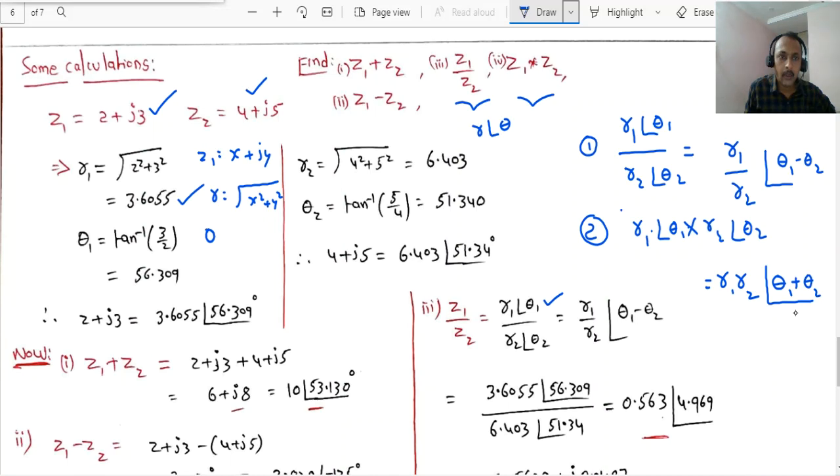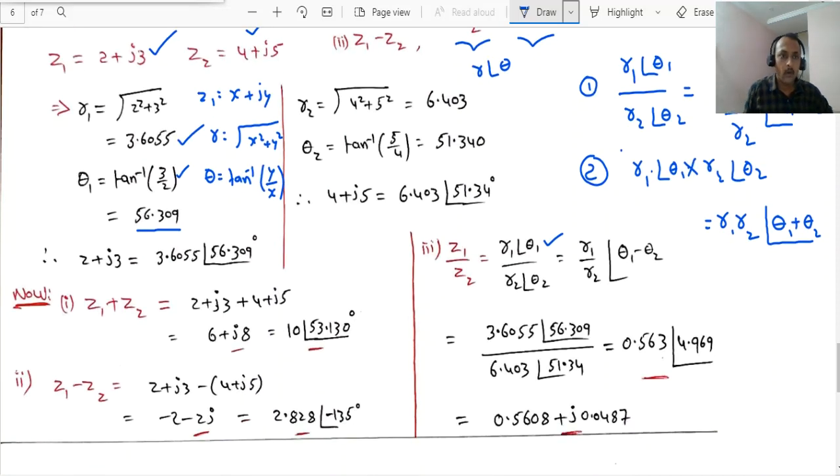Now angle theta is tan inverse of y by x. That is what we have done here. In the place of y we have 3, in the place of x 2, so that is the angle 56.309. Clear? Now 2 plus j3 in complex form is the same as 3.6055 at an angle 56.309.